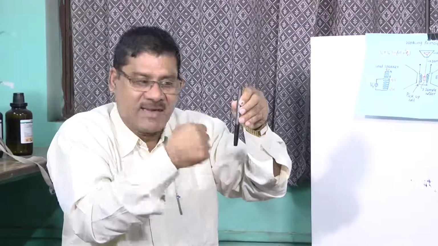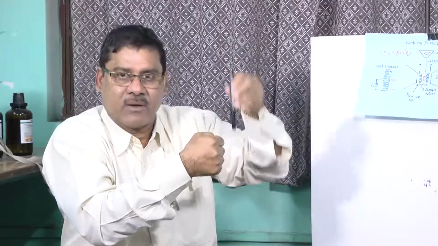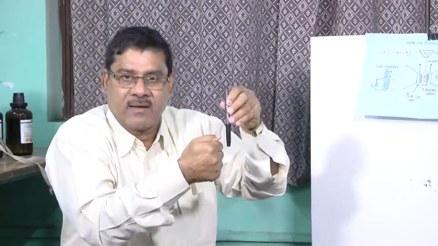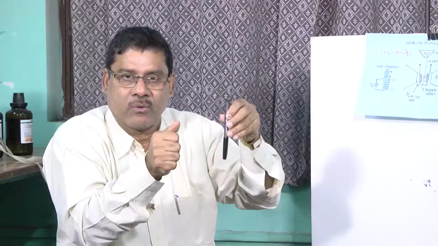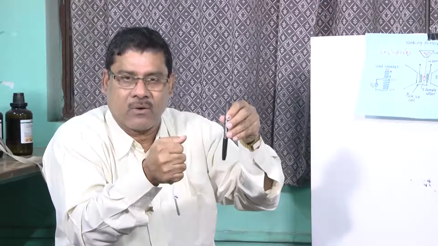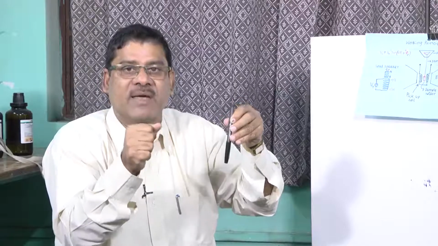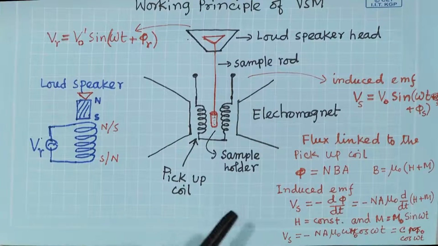So d phi by dt. How fast it is vibrating is also important. From Faraday's induction law, induced EMF equals minus d phi by dt.